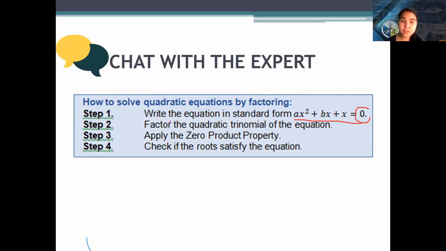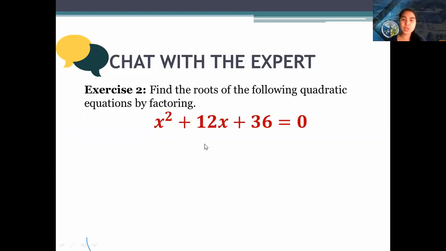Step 2: factor the equation. Step 3: apply the zero product property. And the last, check if the roots satisfy the equation. Now let us start with the first example. We find the roots of the following quadratic equations.